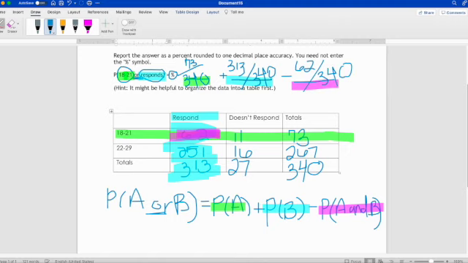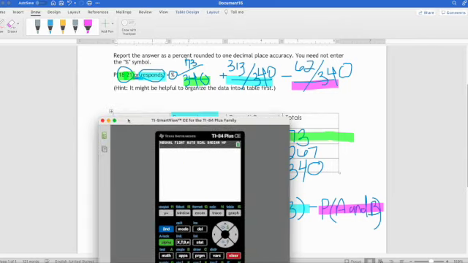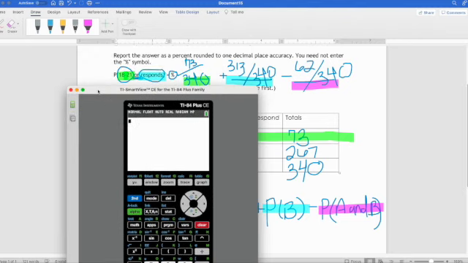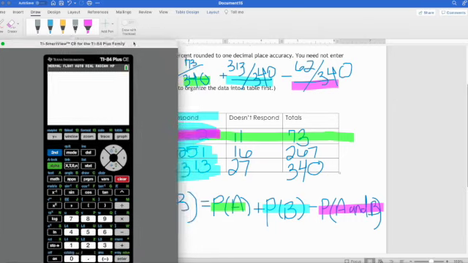So now what I have to do is put that in on my calculator and find the answer. So let's see. It says we need to round this in the problem to 1 decimal place.